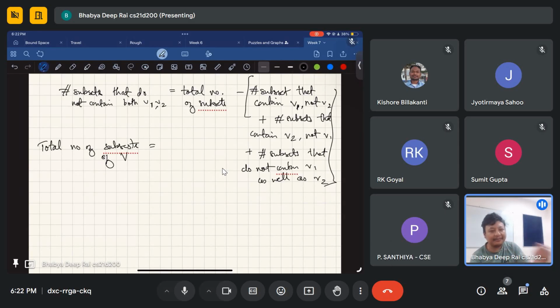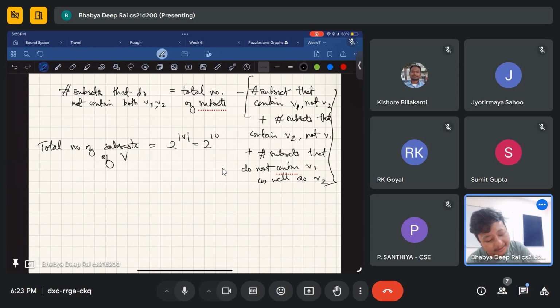There are 10 elements, and I have 2 choices for each element: either I put it or I do not put it. So that contributes 2, and I keep taking the product: 2 choices for the first element, 2 choices for the second element, and so on. So the total number of subsets of V is 2 to the size of V, which is 2 to the 10.